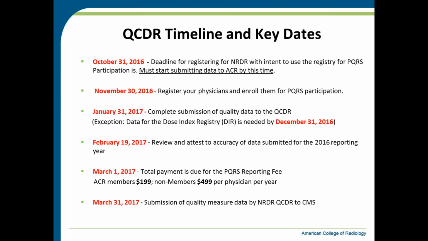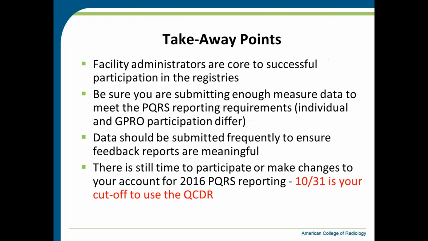And we do ask that by this time you start at least submitting data to the ACR, because we will need to give CMS a full year's worth of data, and it'll reduce the burden on you if you started that process early on, looking at registration and all of that. And essentially, our timeline, we're moving towards a March 31st of 2017 deadline. So keep these deadlines in mind.